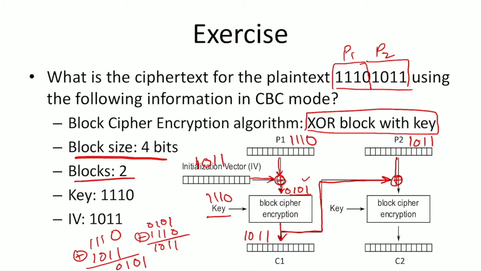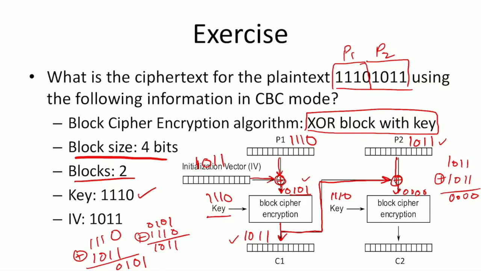So we XOR these two together. We essentially get all zeros because both values are the same. So all zeros is what we will actually encrypt, again using this key, 1110.